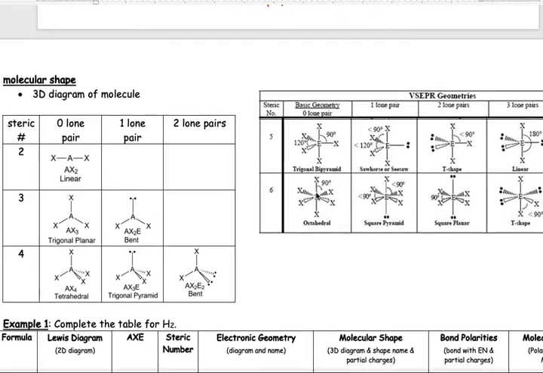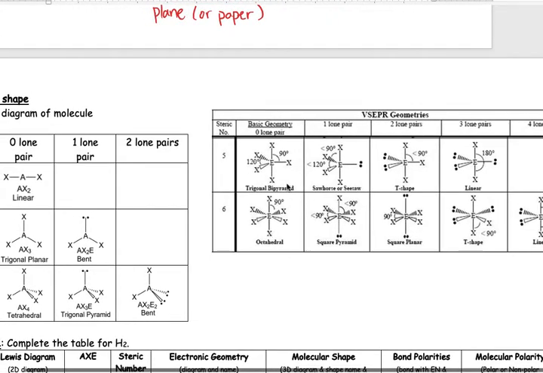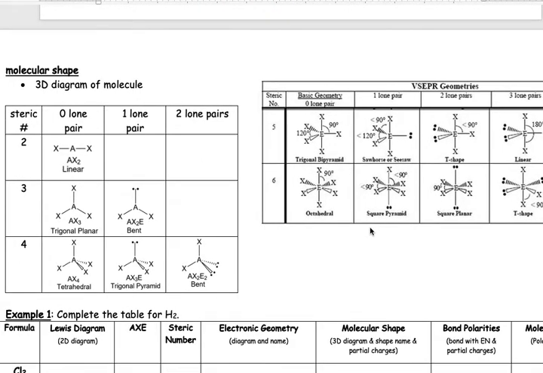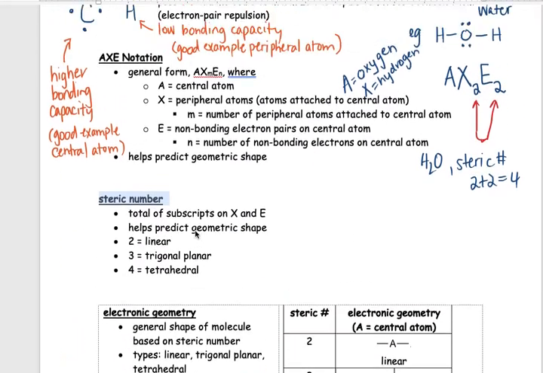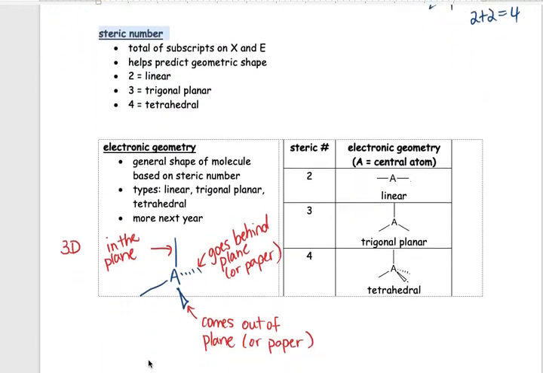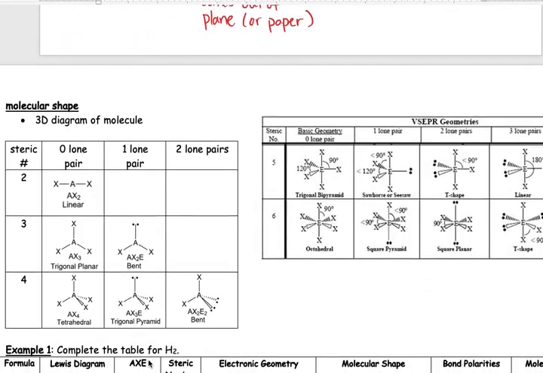But know that there's also steric number 5 and 6, and if you continue your studies in chemistry, you'll analyze these other ones as well. For now, this is the table that you're going to use. You're going to use the Ax notation and the steric number in order to predict the shape. Once we get that going, we'll move on to figure out polarity and stuff like that.